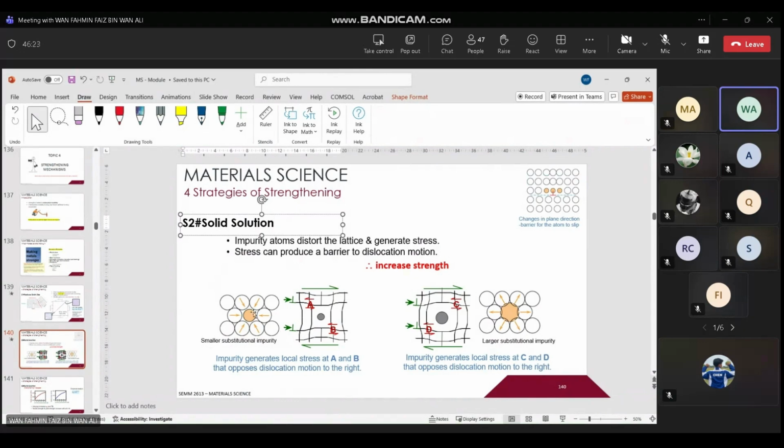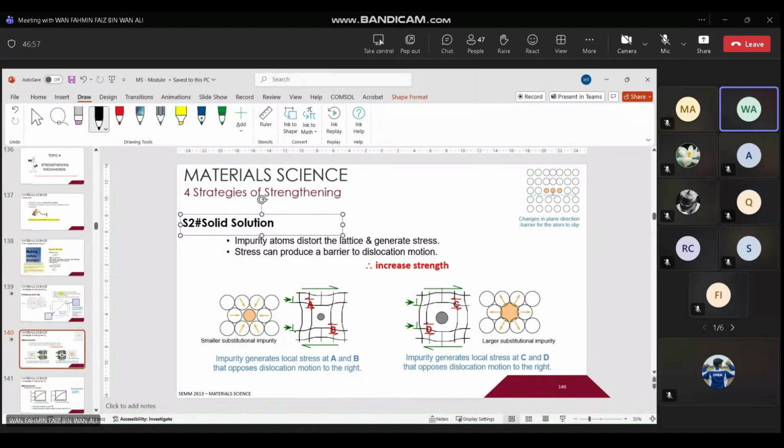So the moment that you add, for example, smaller atoms, your lattice structure now has localized stress, could be at point A and point B, in case your atoms are smaller compared to your base material. If you look at the top diagram, inilah contohnya. So if you look at this structure, you can expect the planes to change in terms of plane directions. It used to be straight.